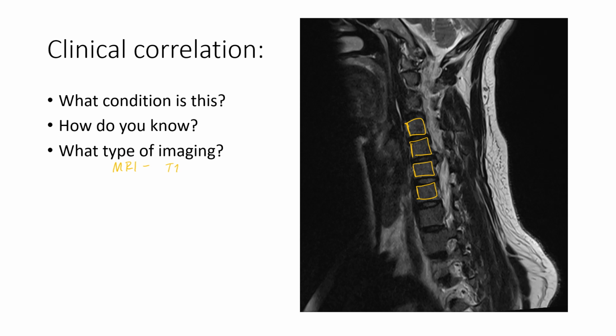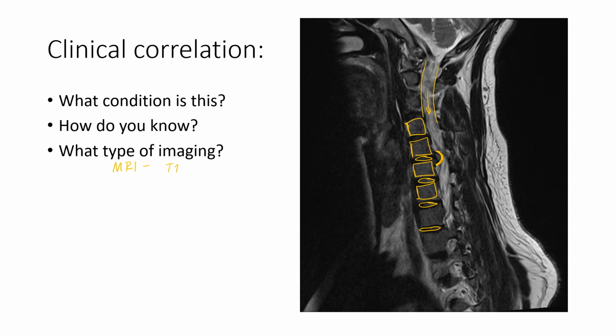Now, what condition do you see here? We have the bodies of our vertebrae there. You can see even your intervertebral discs in between, those little cylinders. You can see spinal cord coming down that way. Can you see this right here? That bulge? This is a herniated disc.